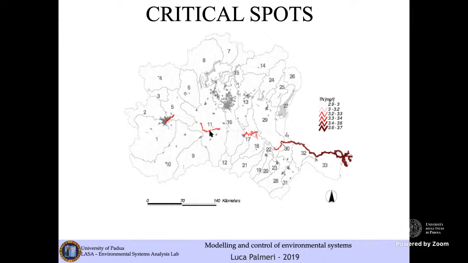But you also have some smaller indications. For example, this reddish area tells us that the area of Milan is contributing significantly to the total nutrient concentration, total phosphorus and total nitrogen, in the river.